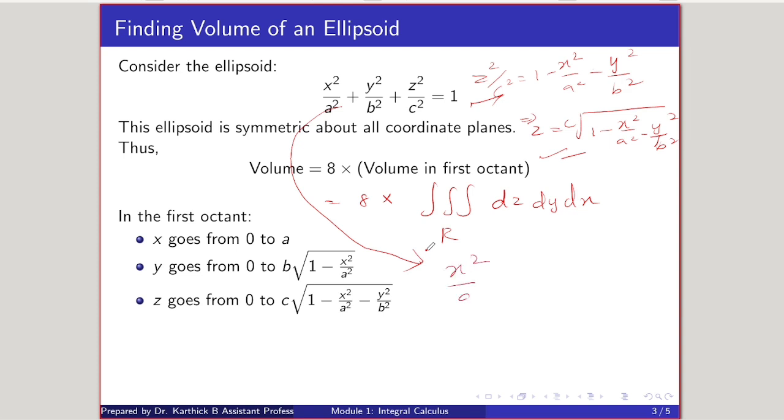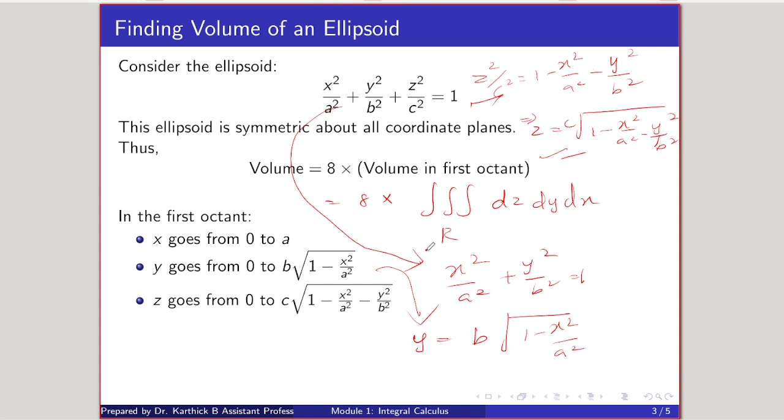So x square by a square plus y square by b square equals 1. How do we find the value of y here? y will be equal to b times the square root of 1 minus x square by a square. Okay, this will be the upper limit.